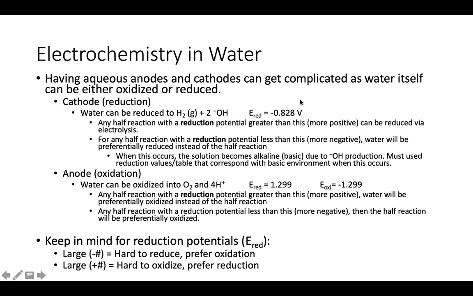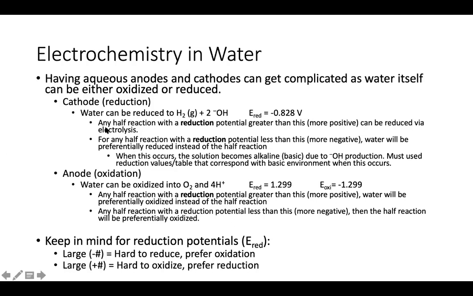The reduction potential for water being reduced is negative 0.828 volts. I would expect you to be given this value, since it's a topic I haven't seen covered in the past. The important thing is to compare this value to the reduction potential of the half reaction you're trying to reduce.